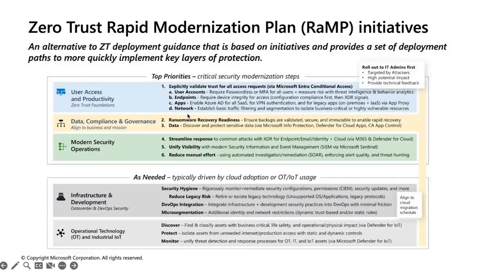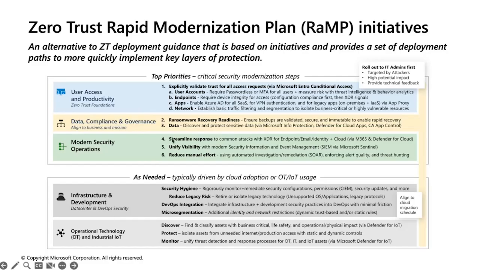For the network, they should have basic traffic filtering and segmentation. For data, compliance and governance, we should have backup enabled to deal with ransomware. We should also discover and classify our sensitive data using Microsoft Information Protection options and Defender for Cloud Apps.